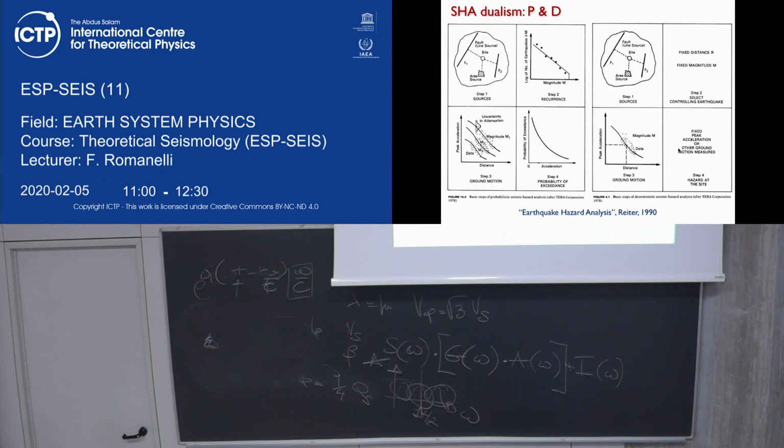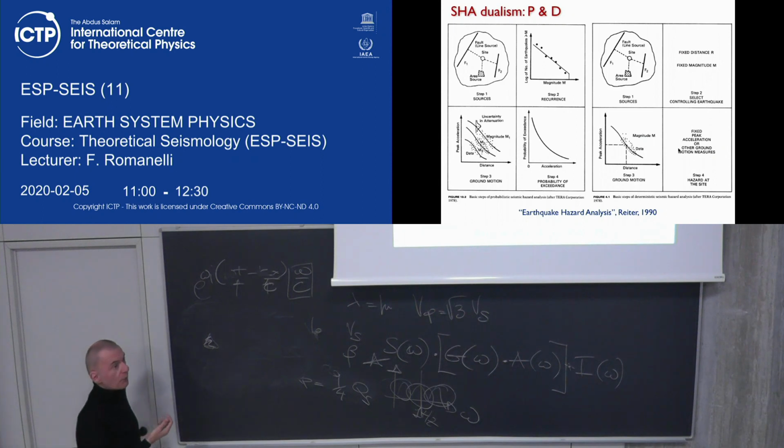And this is going to be called the site-specific hazard assessment. Maybe you can imagine to have a grid of sites and you're going to create a hazard map for a region or for a country. But let's consider one. The first step is to say, okay, what are the possible sources that can affect this one?